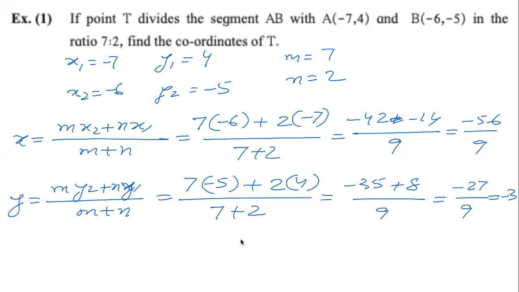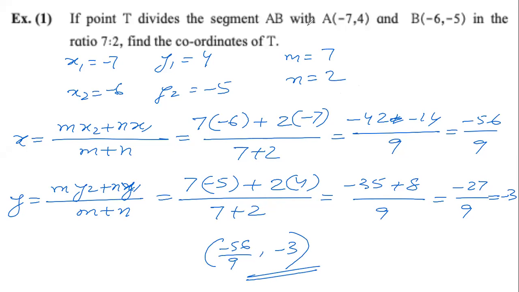Minus 56 by 9 and minus 3. The logic remains the same, but now since the coordinates are no longer just positive numbers, we have a combination of both positive and negative numbers. That is, we have integers, so the arithmetic looks a little bit complicated.